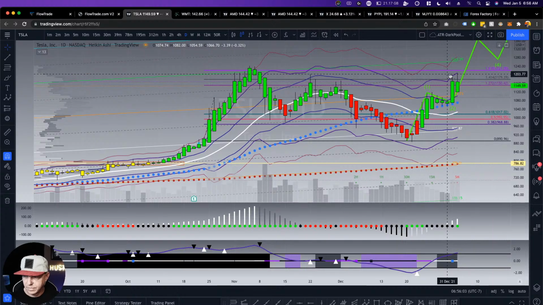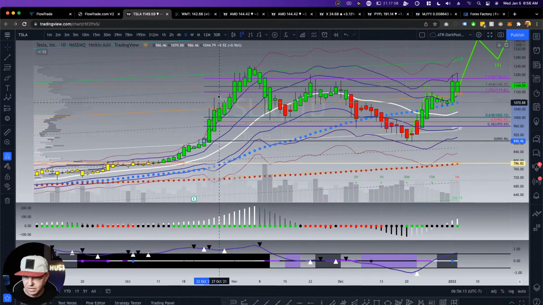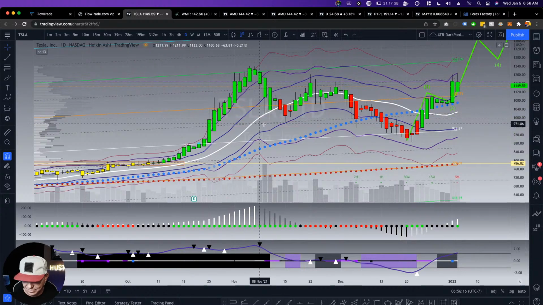Because Tesla did make a higher high yesterday. I've got a 1618 extension at 1222, and that's off of this move here. So it's probably not valid anymore. Let's look at a different fib level, shall we?